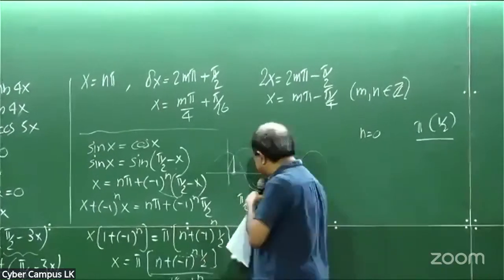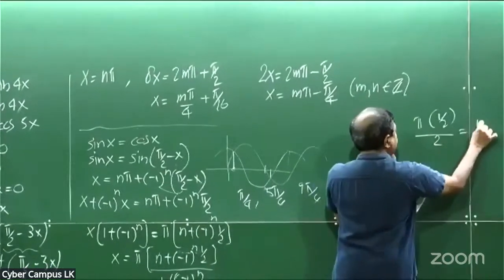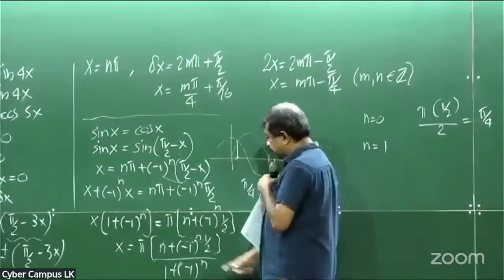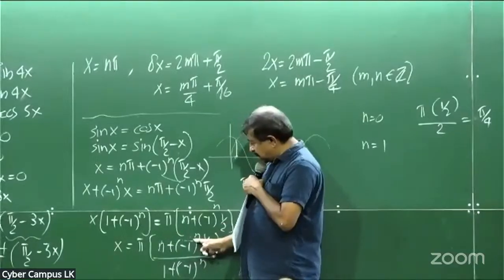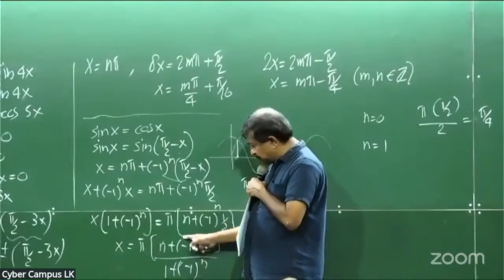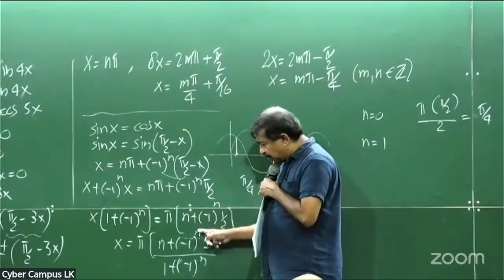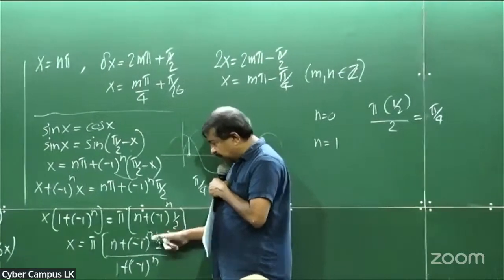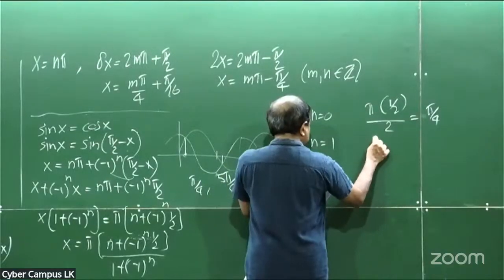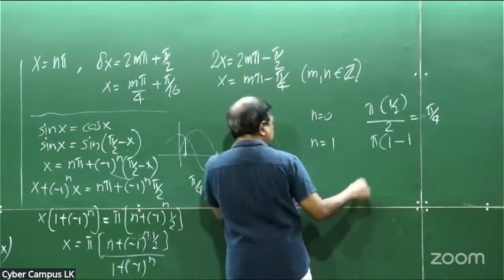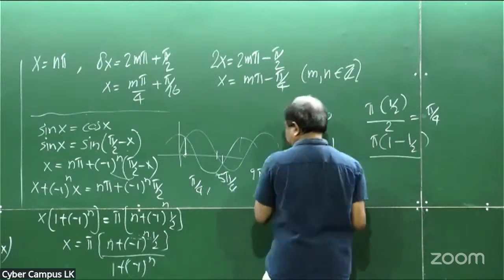So 1 plus 1 is 2. You get pi by 4. When n is 1, minus 1 to the power 1 is minus 1. So you get pi times 1 minus 1 over 2. Here you get 1.